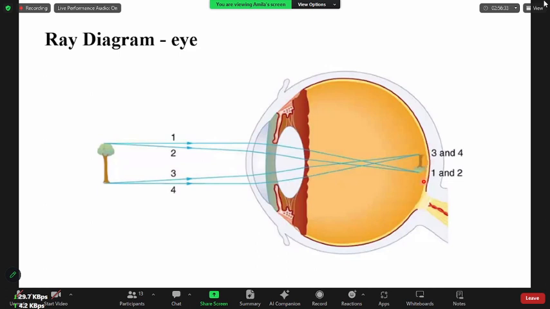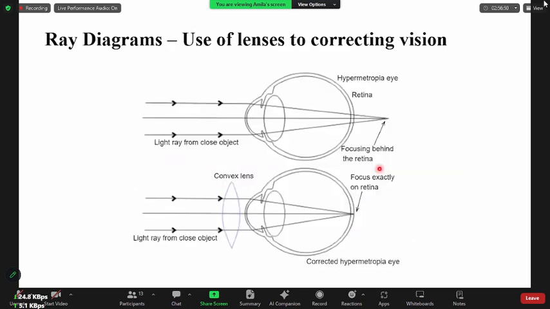We actually receive this inverted image in our eye, and the brain has the ability to read it in the correct way. And we know a lot of us use spectacles to correct our vision.